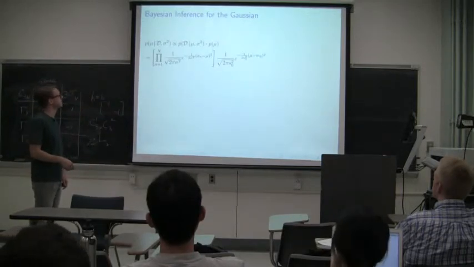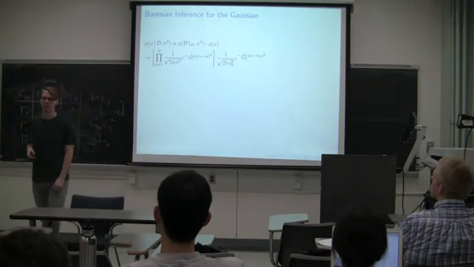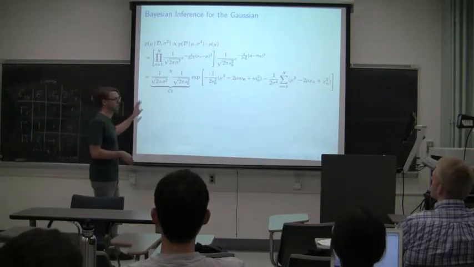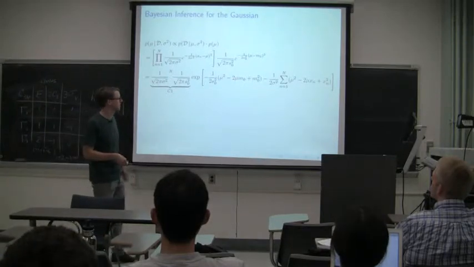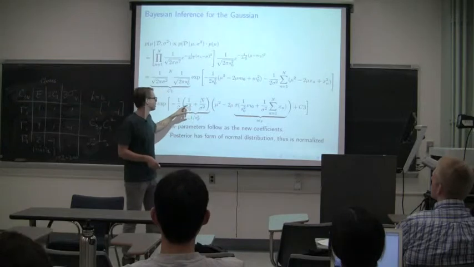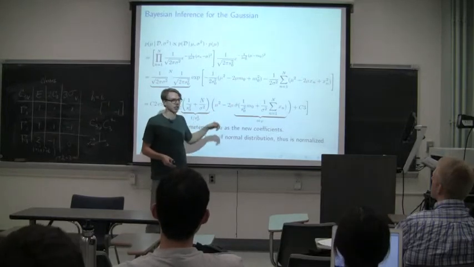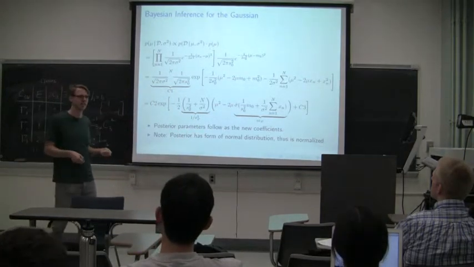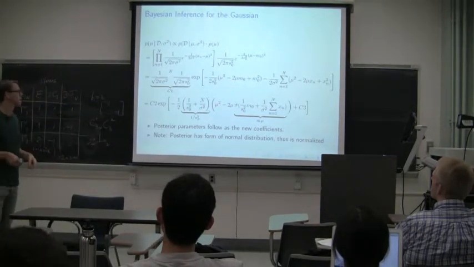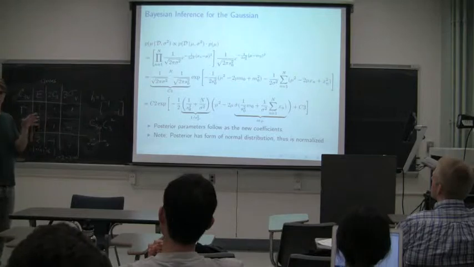And it just happens that if we use a Gaussian likelihood with a Gaussian prior, we can compute the posterior pretty easily, and we don't have to take into account all the normalization constants, because the posterior, again, is a Gaussian in the parameter, which in this case is the mean. So we can just find a Gaussian by singling out the mean from that form, and then find the parameters that correspond to a Gaussian.